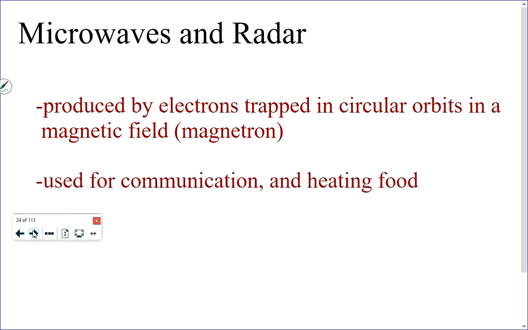These are used primarily for communication, a different kind of communication than radio waves. Your cell phone uses microwave radiation. I want you to understand that when you're listening to somebody talk on your phone, that's a sound wave that your phone produces.